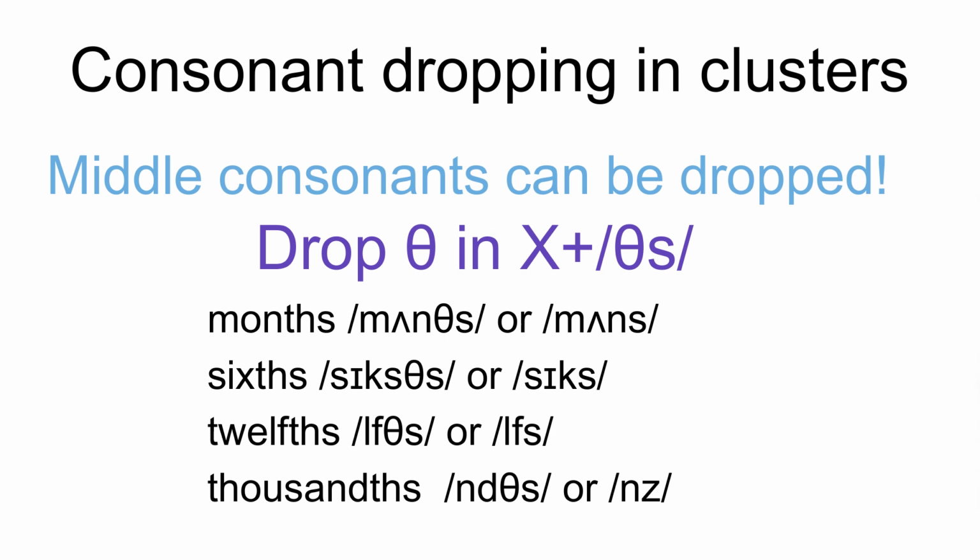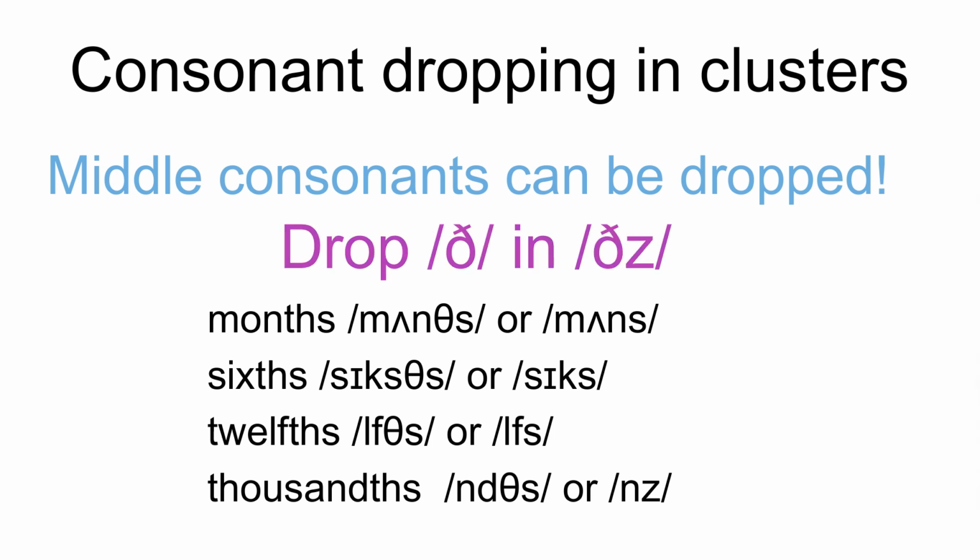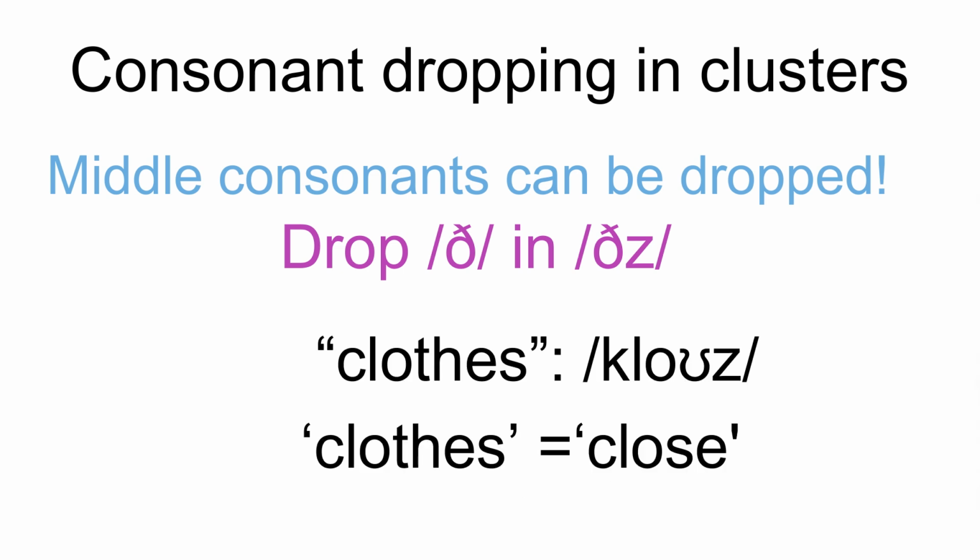The same is true with ths. We can omit the th, but not the z. For example, clothes can be pronounced without the th. When th is omitted, clothes and close can become homophones.